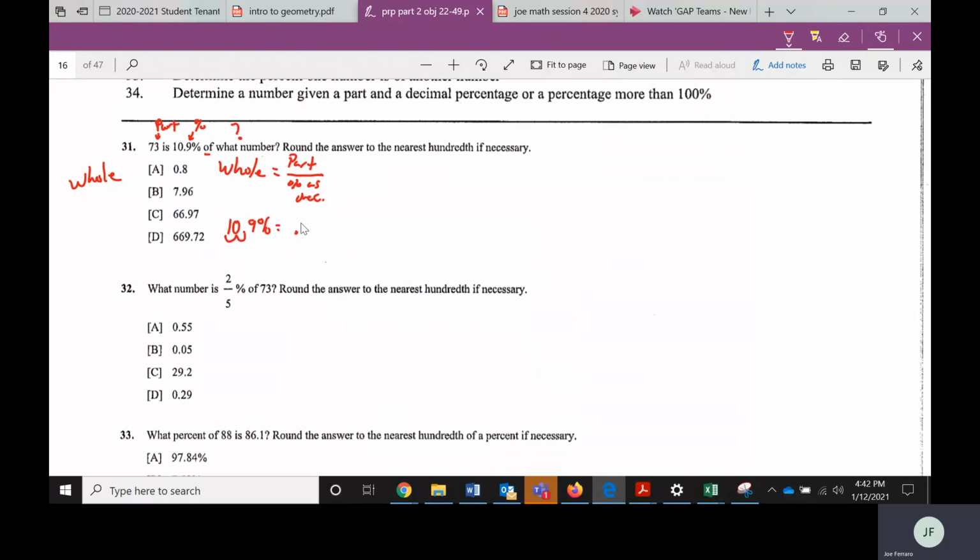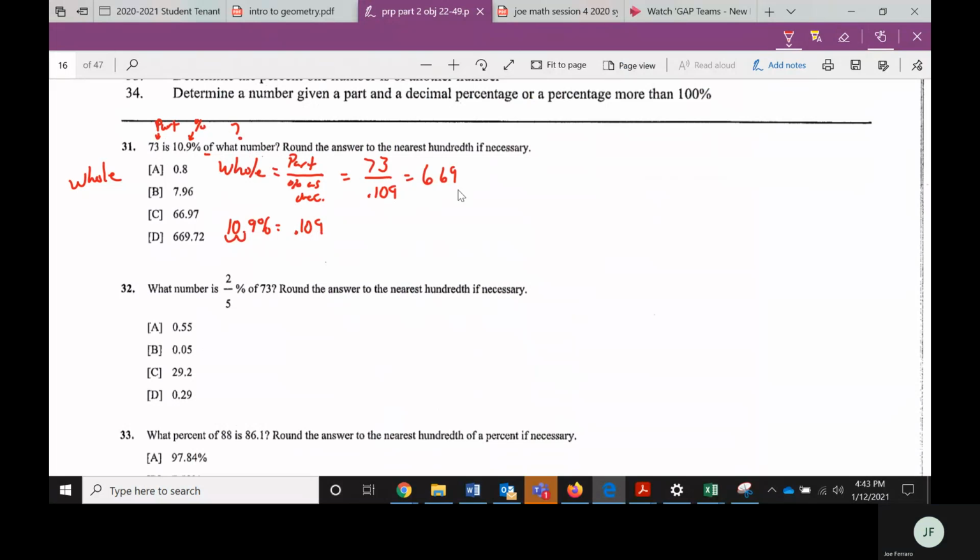So this would be 0.109. Okay, so now we fill in what we know here. We're looking for the whole, which is the part, which is 73, over the percent as a decimal, so 0.109.